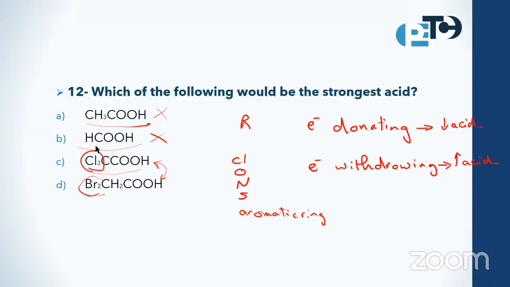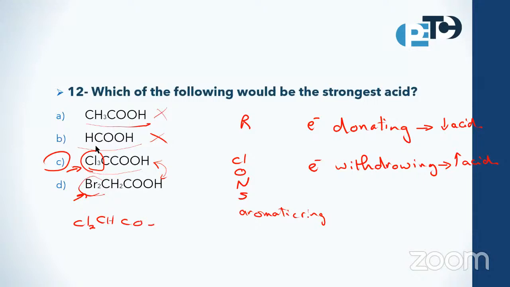Here we have 3 chlorine atoms and here we have 2 bromine atoms. So directly, the 3 chlorine atoms will increase the acidity. So the answer here is C. What will happen if we have only 2 chlorine atoms, like Cl2CHCOOH?